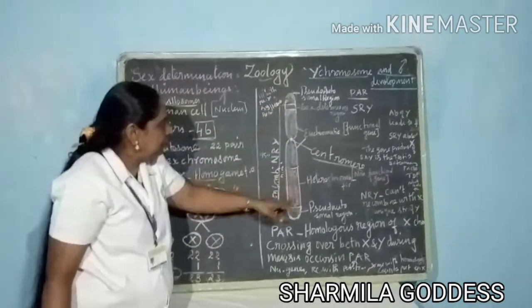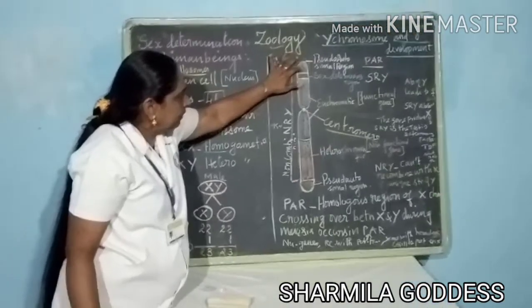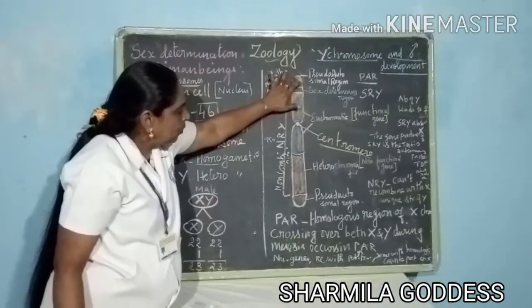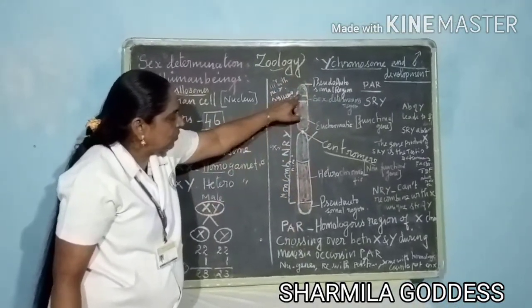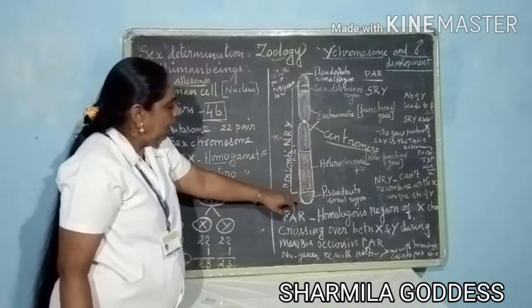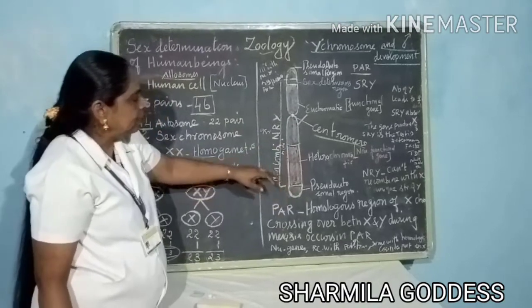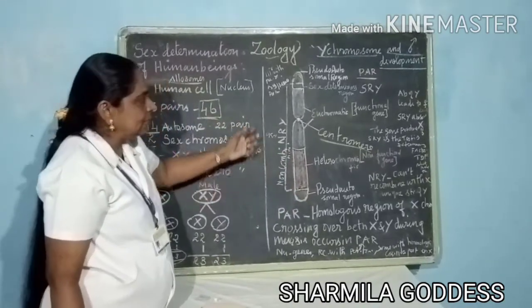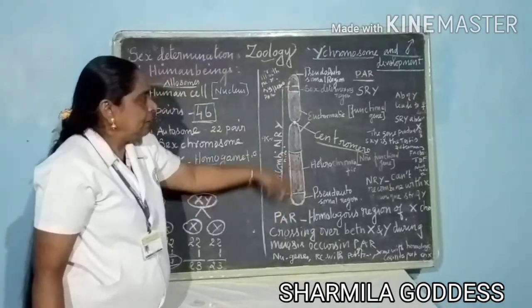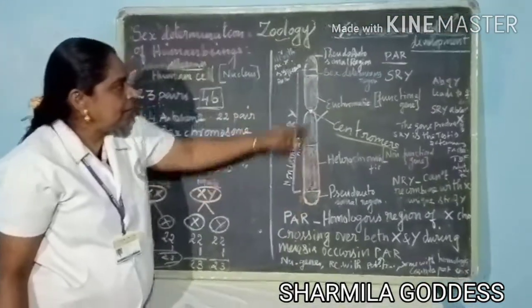Now you see here the top part, both ends of this Y chromosome. The pseudoautosomal regions are present at both ends. What is present at both ends?